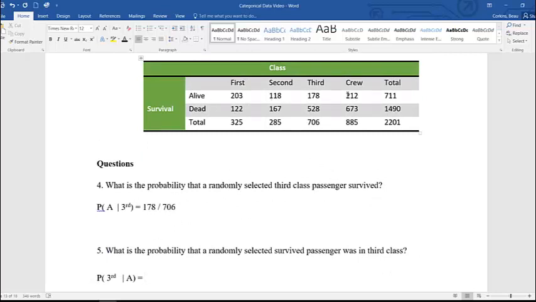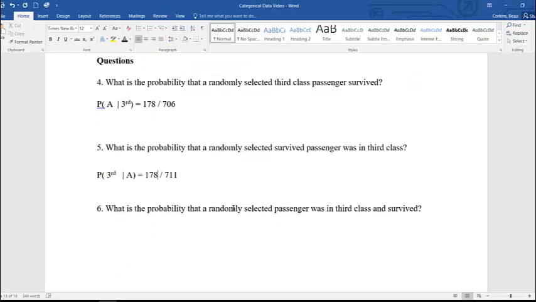That means I'm looking along this row, this top row here. So that means the denominator is the 711. Then in order to identify the numerator, once again, I'm looking for the of those that are alive, who was in third. Once again, look, it's that 178. So notice, same concept, but different denominator based on the condition.